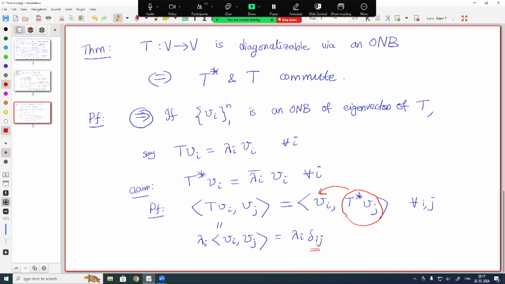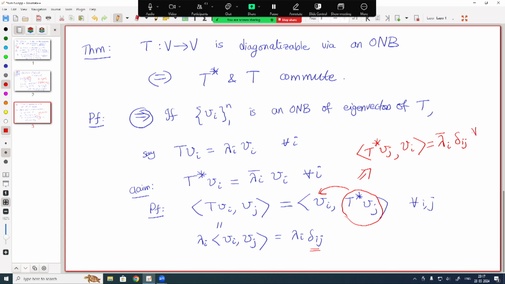It is 0 if i is not equal to j, and it is lambda i if i is equal to j, right. Is that all right? Its inner product of course is in the second component rather than the first component. So, let me bring it to the first component if you wish. From here I conclude that T star Vj has the following property: its inner product with Vi is lambda i bar delta ij.